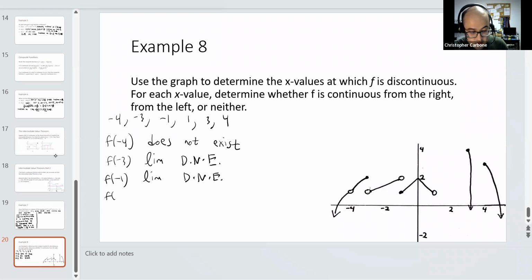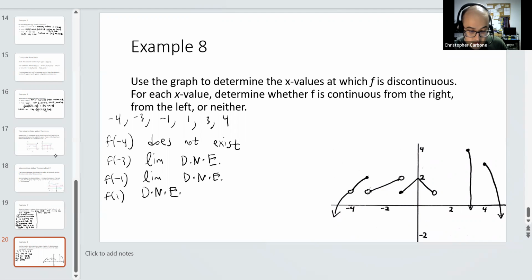For the value of f of 1, we have just the left-hand limit. There's no right. So this one also does not exist. Of course, it's an open circle there as well.